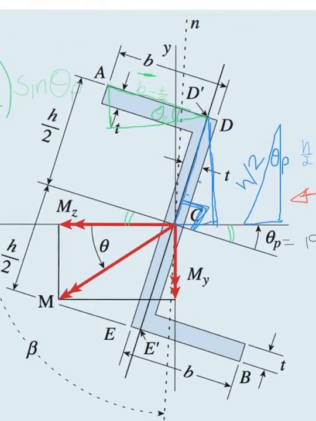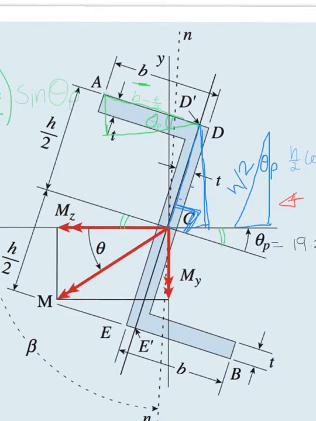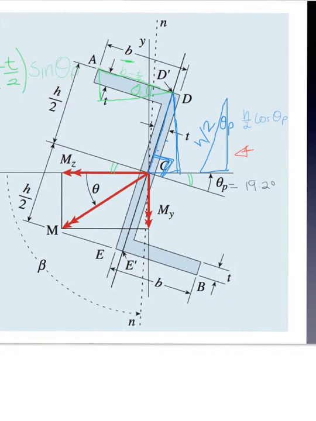Hope that's feasible. And we now have to add both of these. We have to add this distance, which is b minus t over 2 sine theta p, and that part. And it will look something like this.